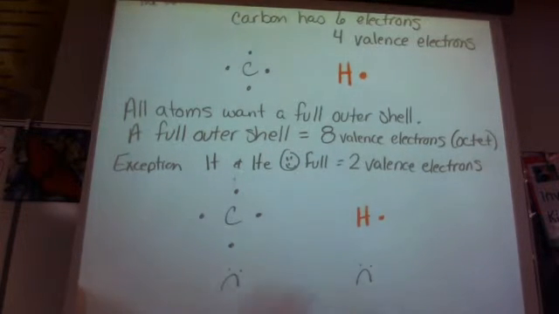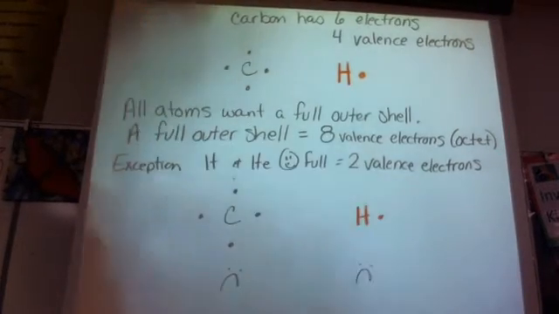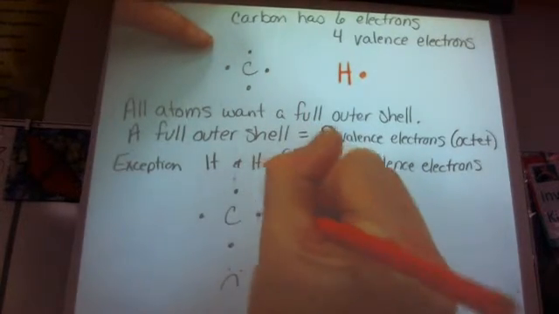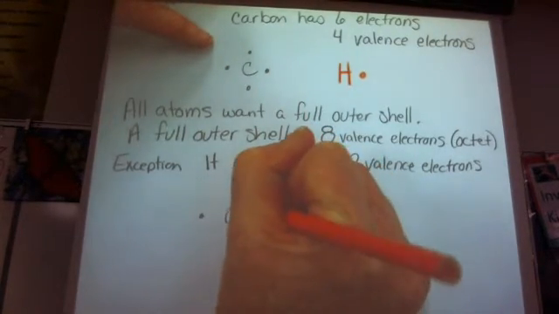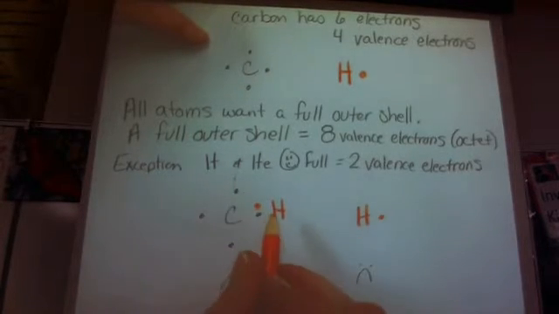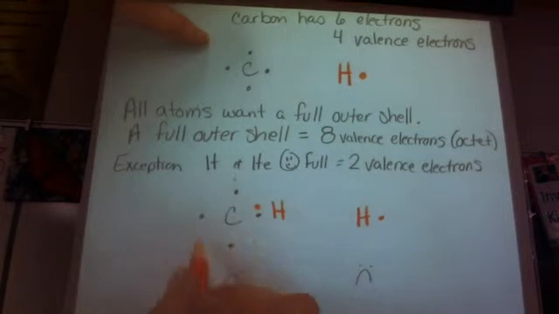Okay? So what will happen is these will chemically combine and they'll form covalent bonds. So the hydrogen will come over here and it will share its electron with carbon. So now the hydrogen's happy. This hydrogen's happy. Carbon still no.